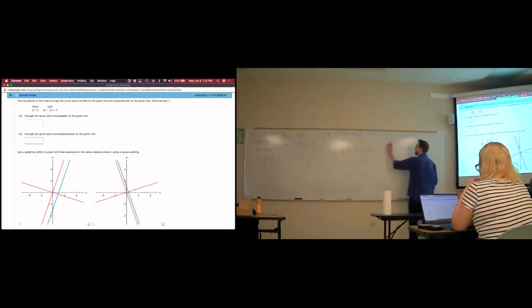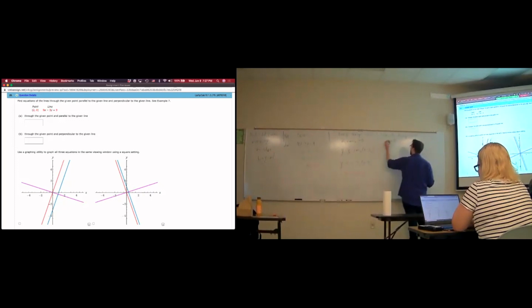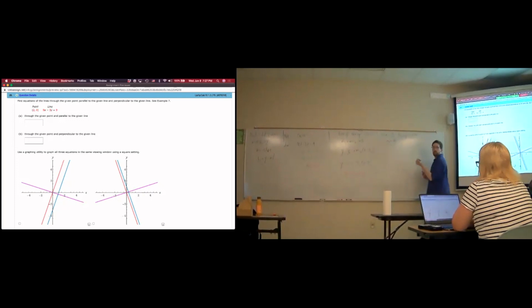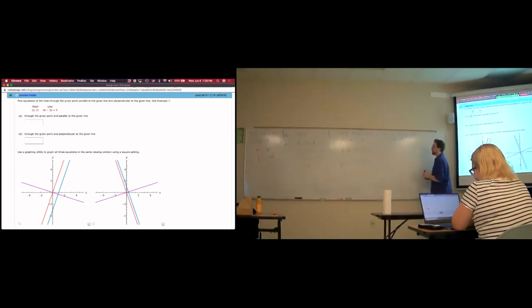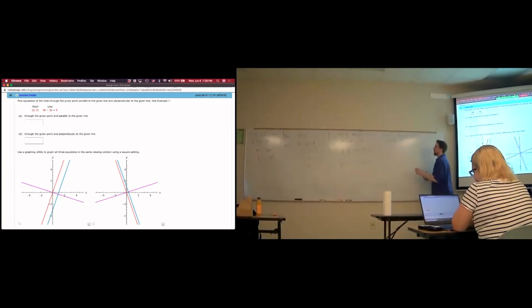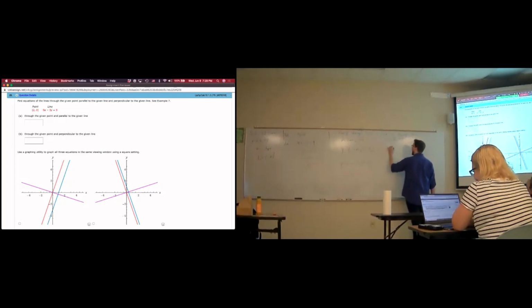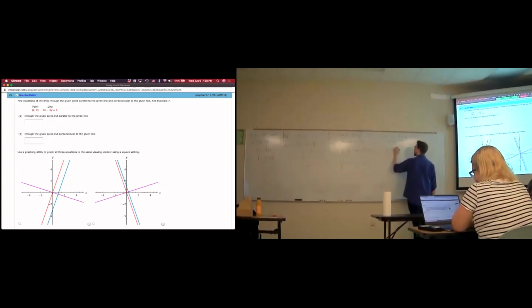Or we can write this the other way, as M2 is equal to negative 1 over M1. This is going to be equal to negative 1/3. We're going to put it back into point-slope form: y minus yk is equal to M2 times the quantity x minus xk.